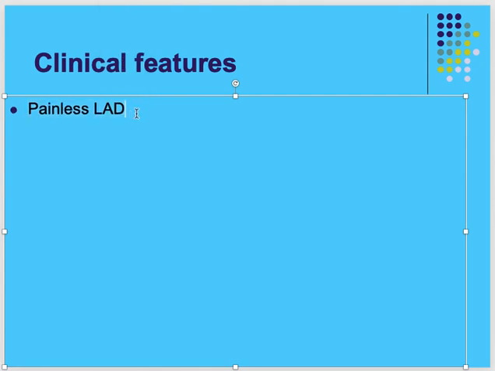They present with painless lymphadenopathy, and usually more than one site is involved. Depending on what type of lymphoma the patient is having, if the patient has an aggressive type of lymphoma, of course multiple sites will be involved.